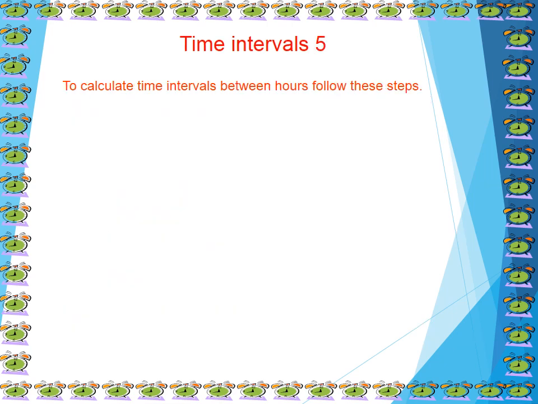Now, to calculate time intervals between hours, follow these steps. For example, here we have 4:15 p.m. to 7:25 p.m. How will we solve this example? First, as we said before, we will calculate the time from 4:15 till 5 p.m. How many minutes do we have?